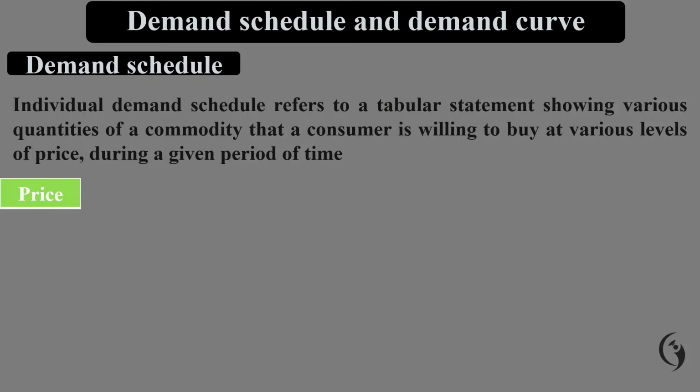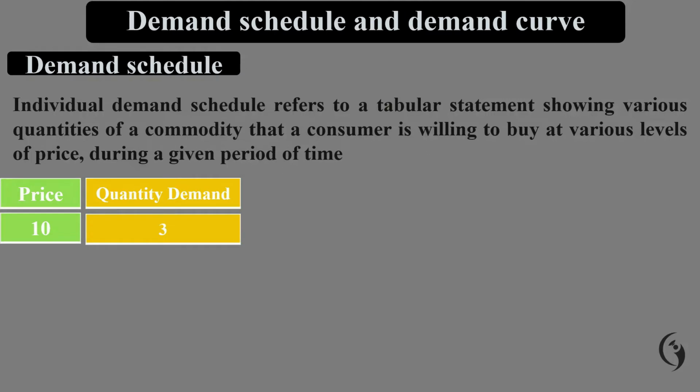Here we are showing the table, the price on one side and the quantity demanded on the other. At the price of 10, this is the corresponding quantity demanded. If the price goes down from 10 to 8, the corresponding demand increases from 3 to 6 because of the law of demand.